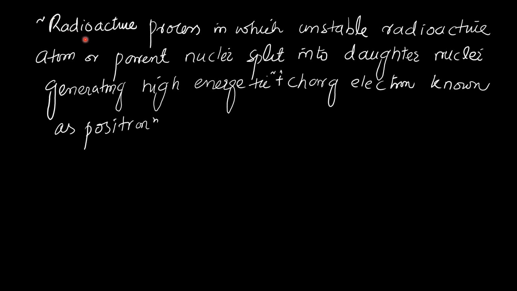So, if I conclude, the positron decay is a radioactive decay process in which an unstable parent atom splits into a daughter nuclei, and during the splitting, they also generate a highly energetic positively charged electron, and these electrons are known as positron, and the process is known as positron decay.